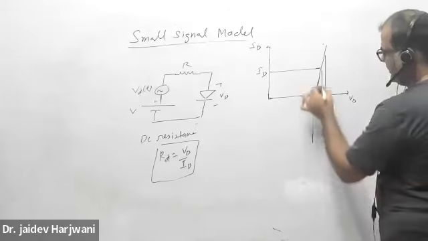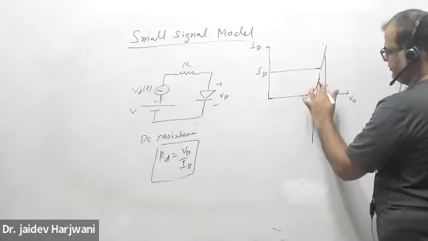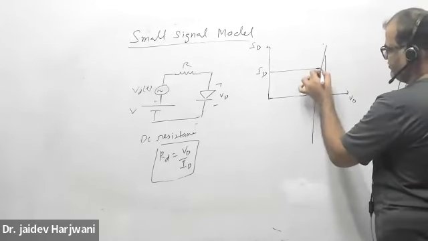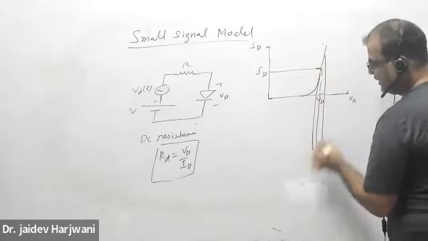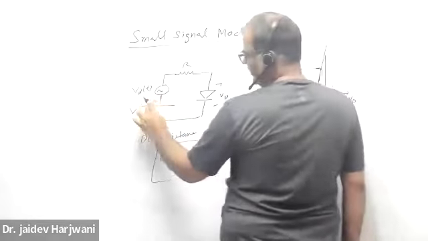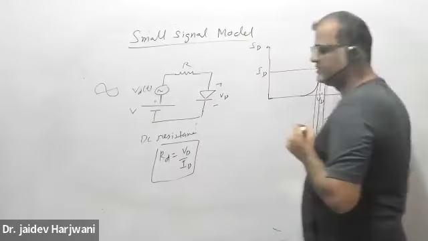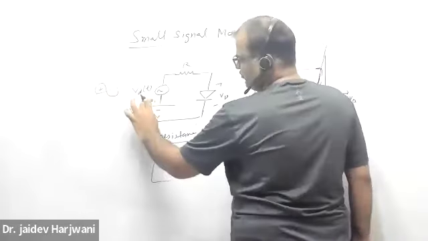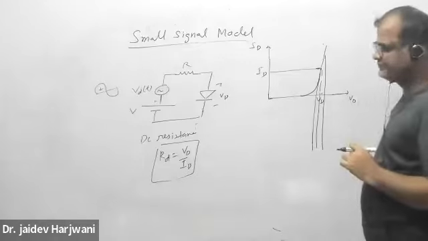This is my point where the voltage is VD. Along with this one, I am putting a small AC signal. So when this is the positive part, this voltage will become higher. Yes or no?